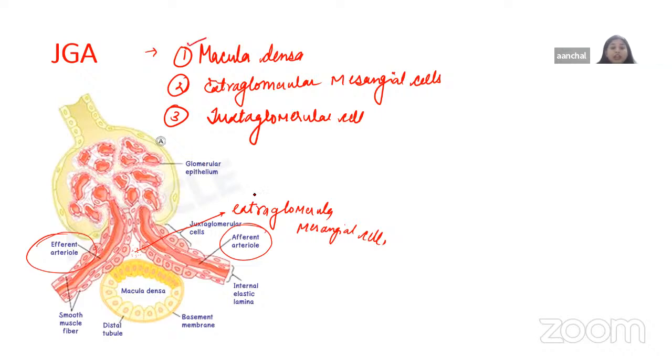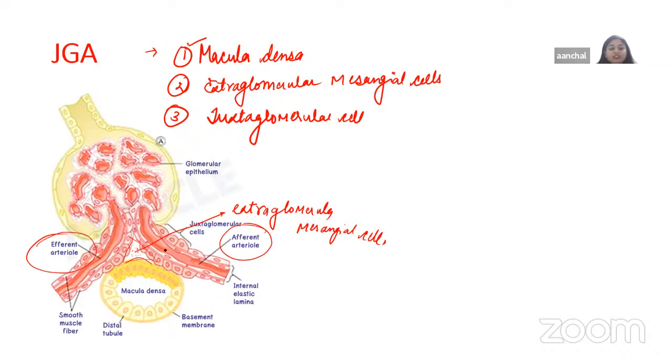Now next we have extraglomerular mesangial cells. These cells are situated in the triangular region. As we can see, this is the triangular region, bounded by the afferent arteriole and efferent arteriole, and also by macula densa. So here macula densa is here, then efferent arteriole here, and finally afferent arteriole.